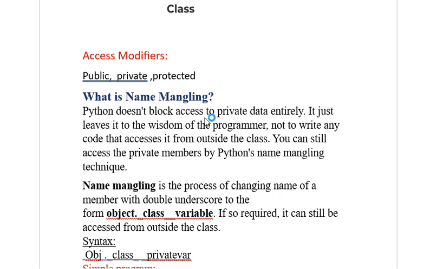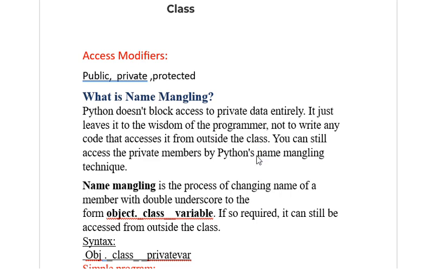Without having knowledge of the access modifiers, you cannot use them. To use a particular class, variable or method in private or protected mode, you should have some knowledge of that.